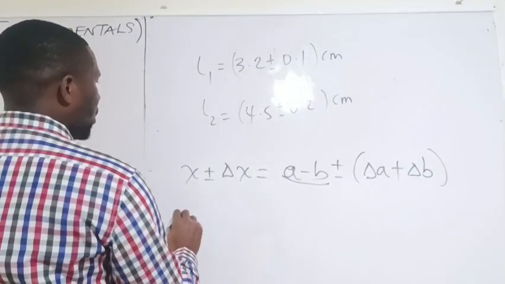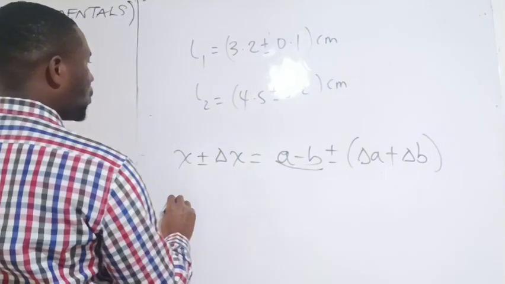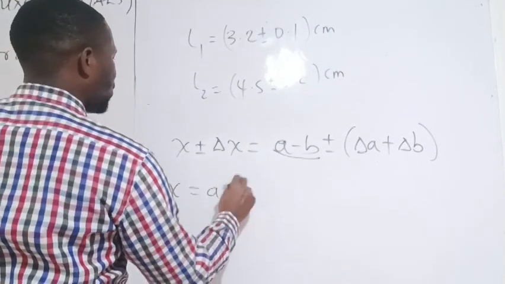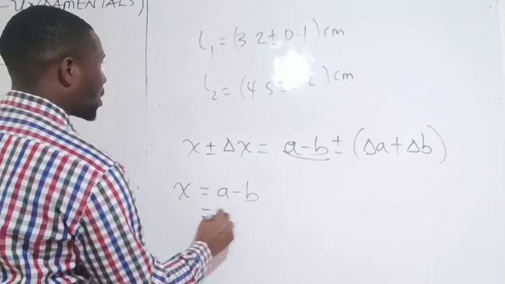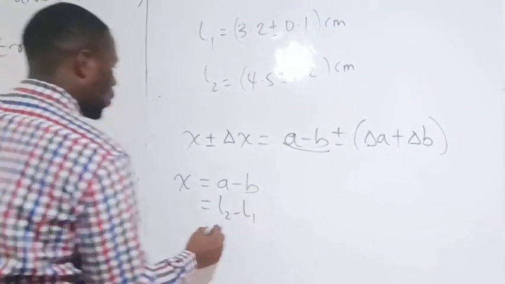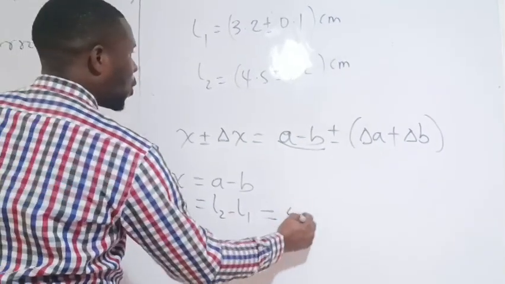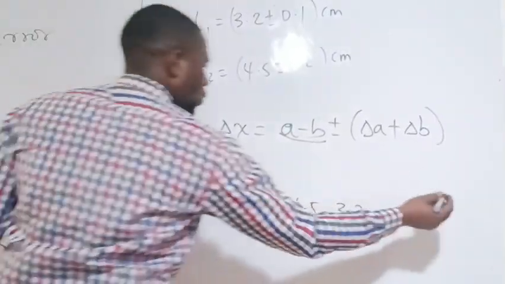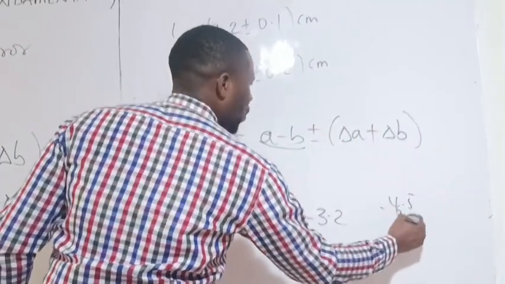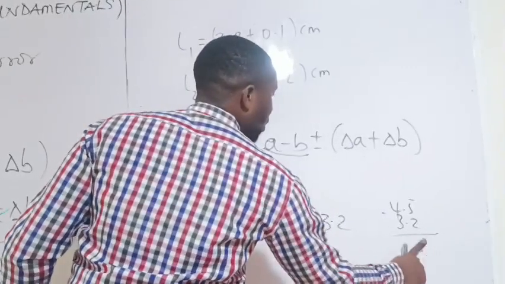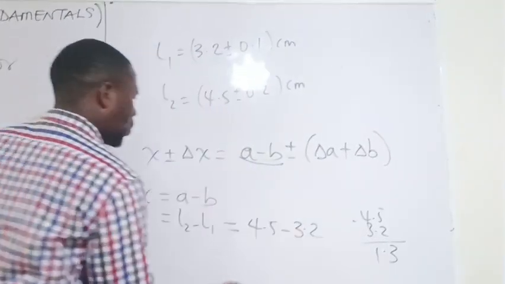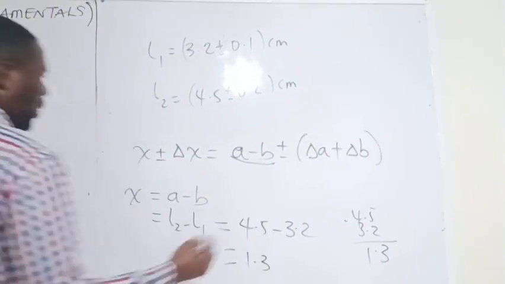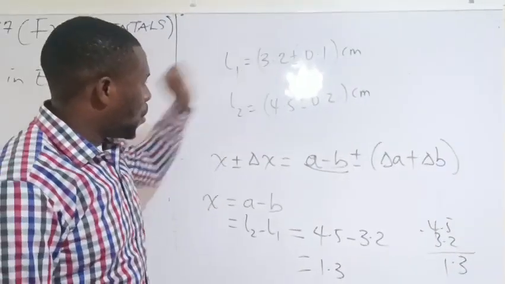So this would be x, which is the same as a minus b. My x now translates to L2 minus L1, that is 4.5 minus 3.2, which is 1.3. That's the difference in the measured length.